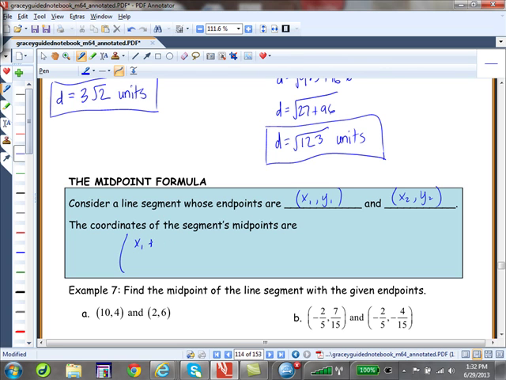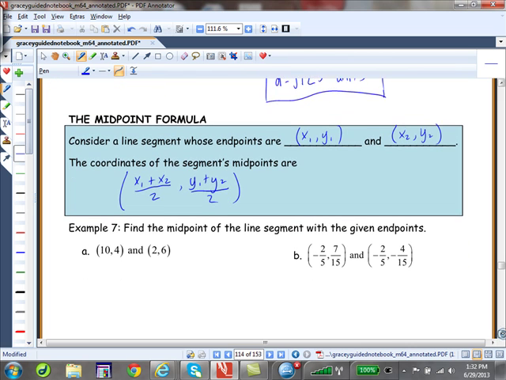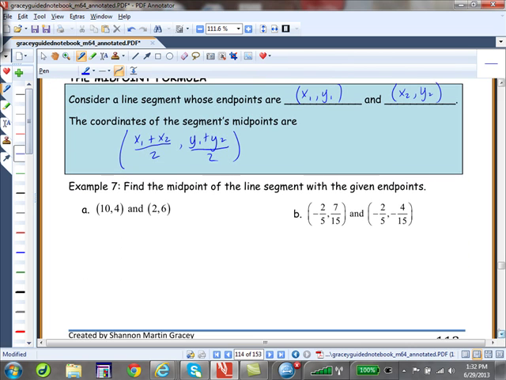So remember, when you average, you sum them up, and then there's two things being summed up, so divide by 2, and the average of the y's. And that's it. So, just got to be careful when you're combining everything.